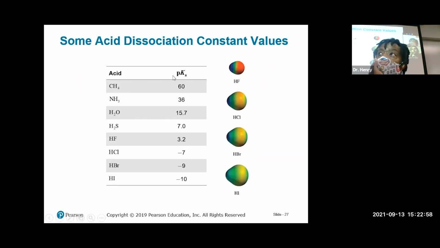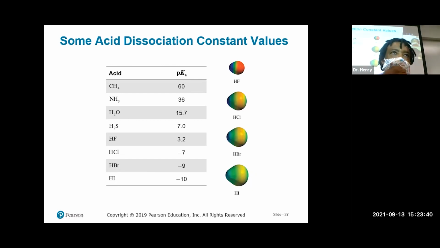Okay, so this gives us our pKa values. So we have methane is 60, ammonia is 36, water is 15.7, dihydrogen sulfide is 7.0, hydrofluoric acid 3.2, hydrochloric acid, hydrobromic acid, hydroiodic acid, right?